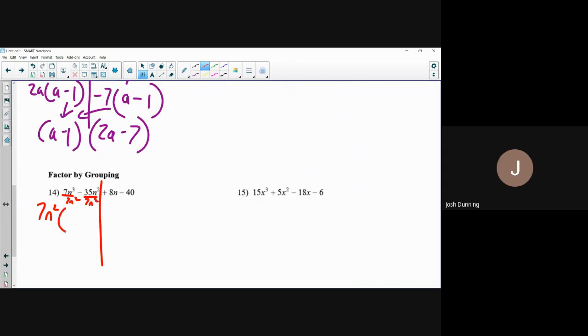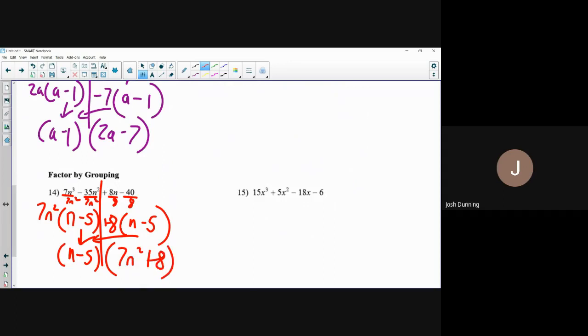N cubed over n squared leaves you with n. 35 divided by 7 is 5. On the right-hand side, you have 8. Those match. Factor it out, but just write it once. And you got 7n squared plus 8 left over.